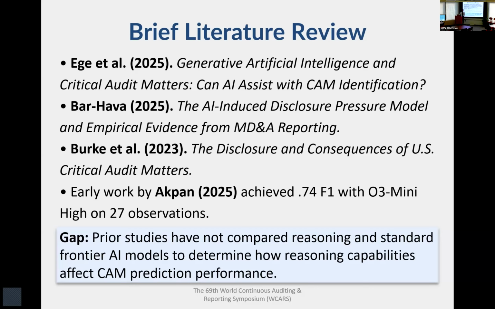The final was my pilot study that I completed earlier this year, where I did 27 firm-year observations with the O3 Mini High reasoning model from ChatGPT. I found out that that particular model could predict CAMs with an F1 score of 0.74, which was modest.